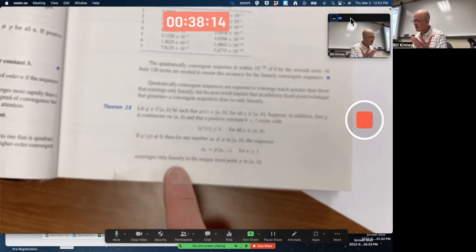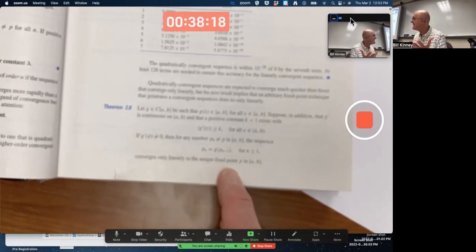If the sequence converges to the fixed point, it's only linearly. Not quadratically. And that's what we kind of observe with the logistic map typically, is if it did converge to the fixed point, it wasn't super fast. And sometimes it was fairly slow. Right?